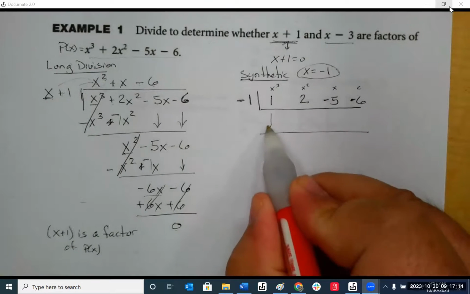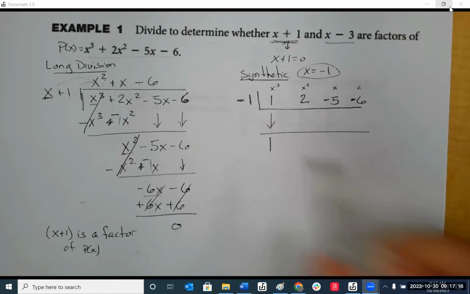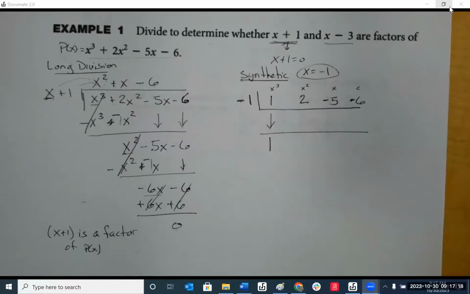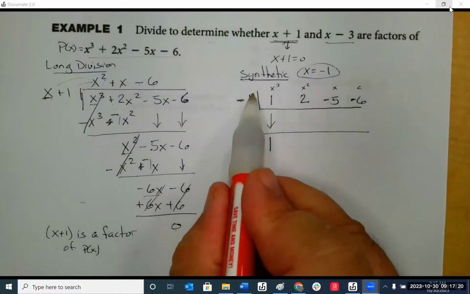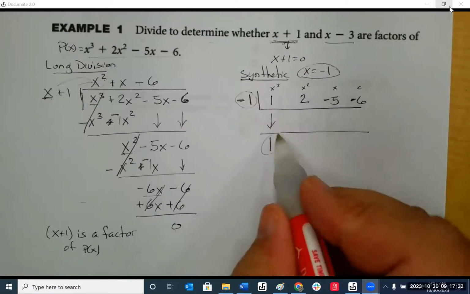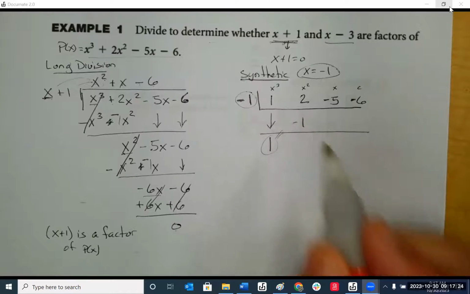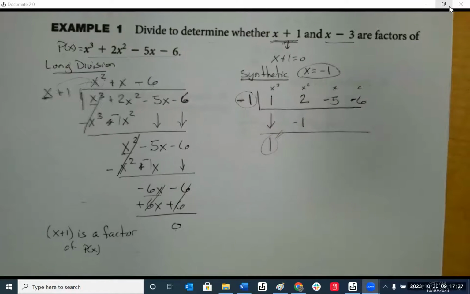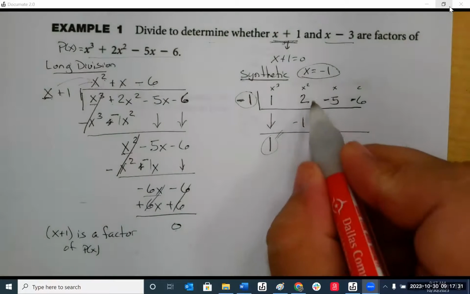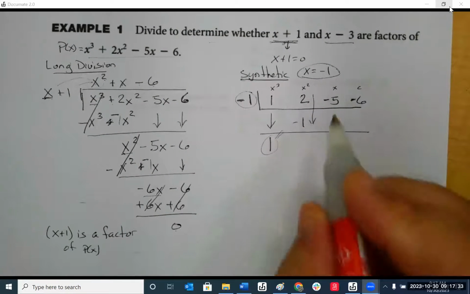Then you bring down the first term and begin. Multiplication, addition. Multiplication, addition. So -1 times 1 equals -1. Add straight down. So 2 minus 1 is 1.